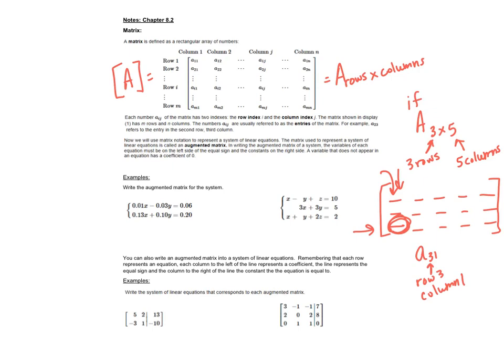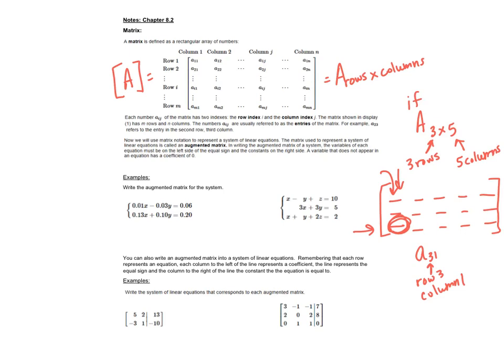Okay, so then we have something that we get into called an augmented matrix. An augmented matrix is really kind of our application to why we're even looking at matrices. Remember when we looked at being able to solve a system of equations, we can do that with an augmented matrix.